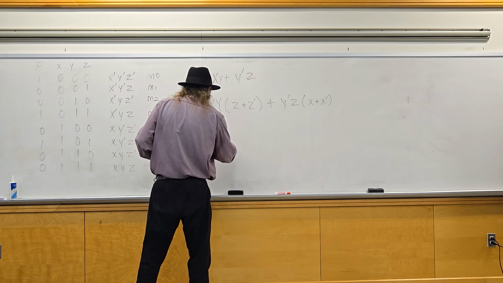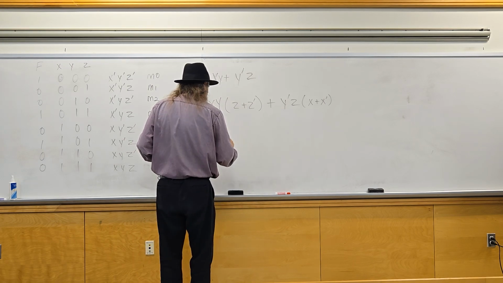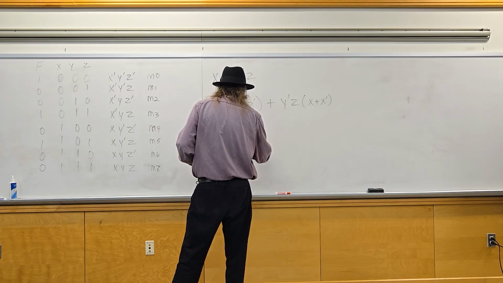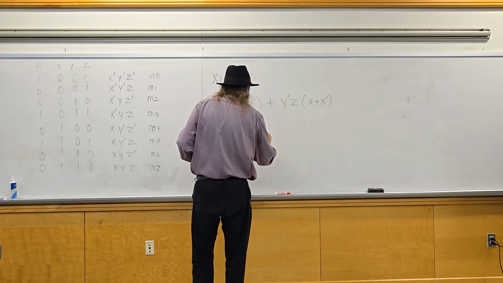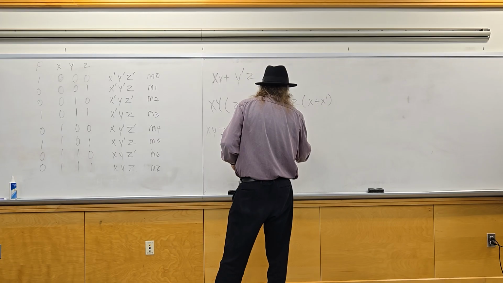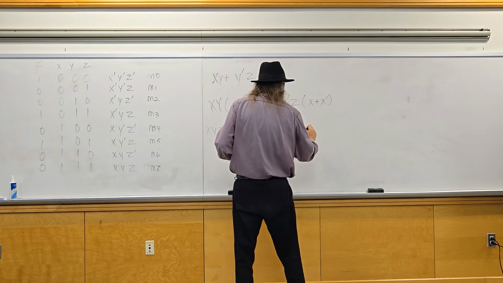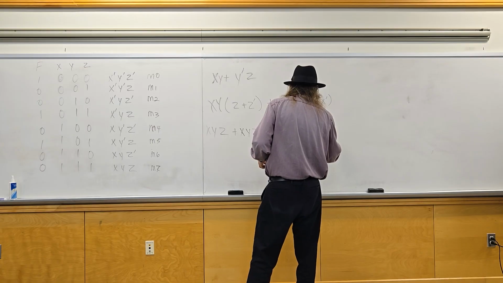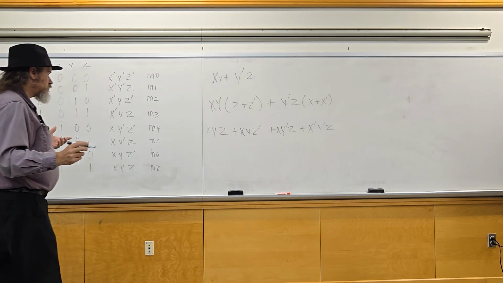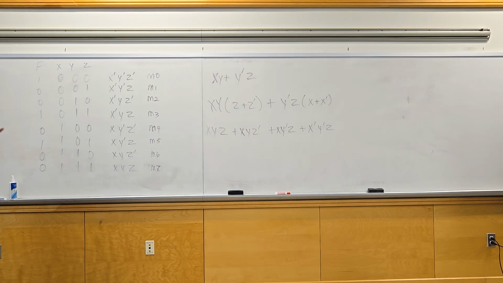X, y, z plus x, y, z prime plus x, y prime z, and x prime, y prime z. And there is your sum of minterms.